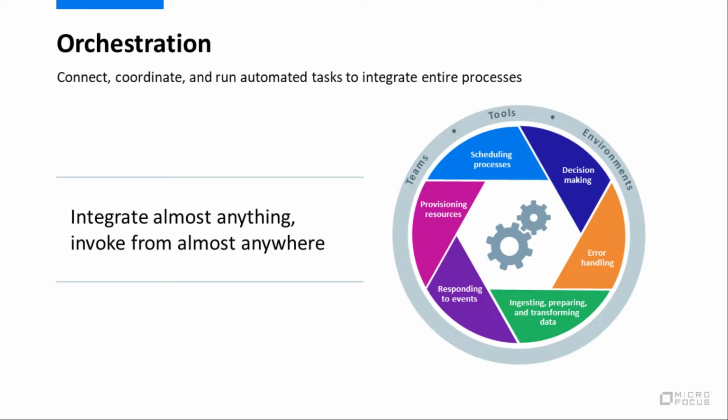It can respond to events, provision resources, and schedule processes. It can do all of these across teams, tools, and environments. So you can integrate almost any system and invoke orchestration from almost anywhere. Orchestration connects the entire IT ecosystem error-free without human intervention.